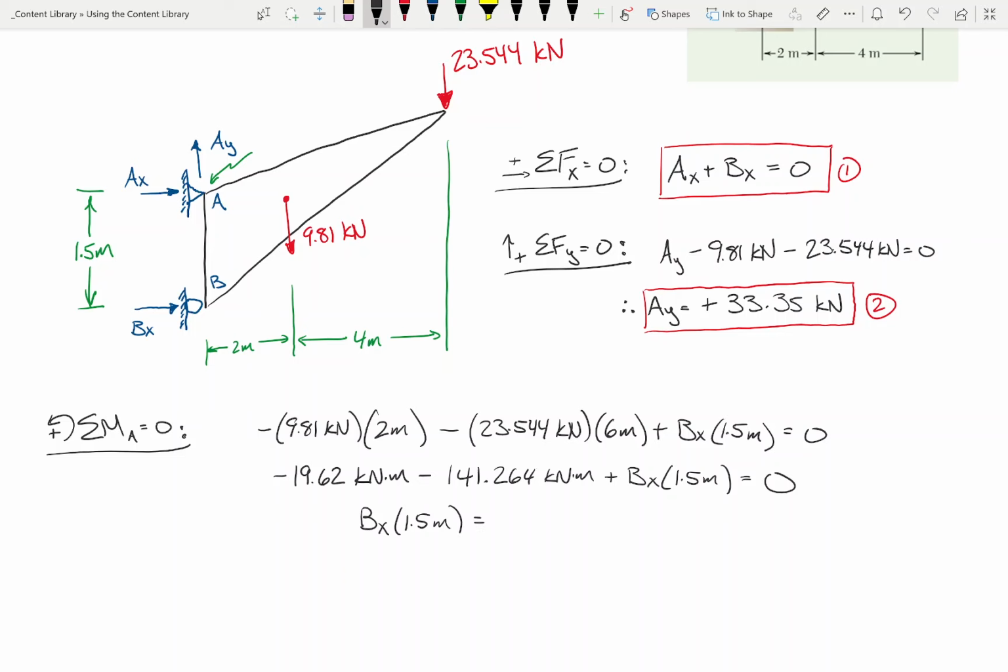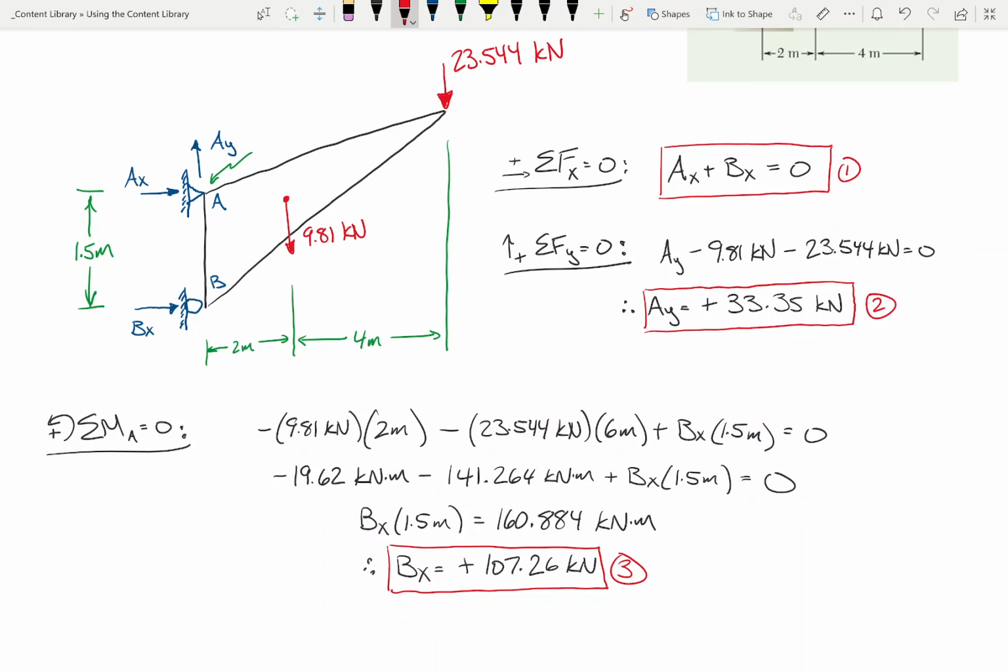So that plus that, if we chug that out, we're going to get 160.884. And then divide both sides by 1.5. We get a positive value, and we end up getting Bx equals 107.26 kilonewtons. And that's positive because our math worked out that way. We'll call this equation 3.